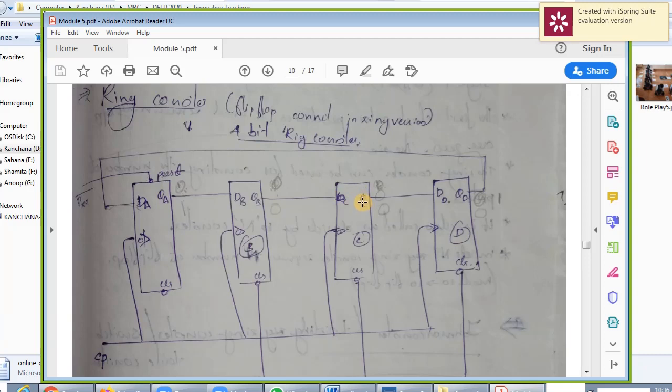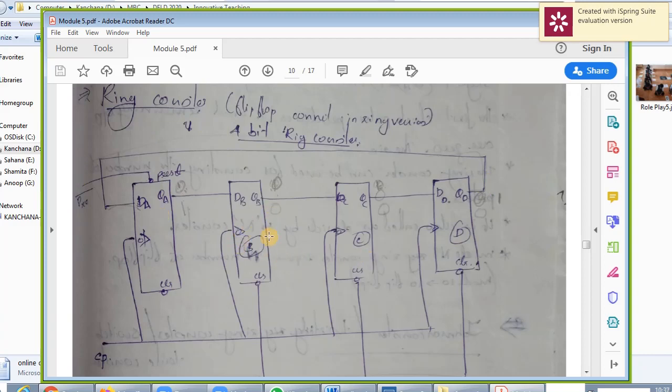And similarly, the output of the third flip flop is connected to the fourth flip flop. Then the output of the last flip flop, it is a 4-bit, no? So this is the last one. The output of the last flip flop is fed back to the input of the first flip flop, so that it forms a ring. So that it is called a ring counter.